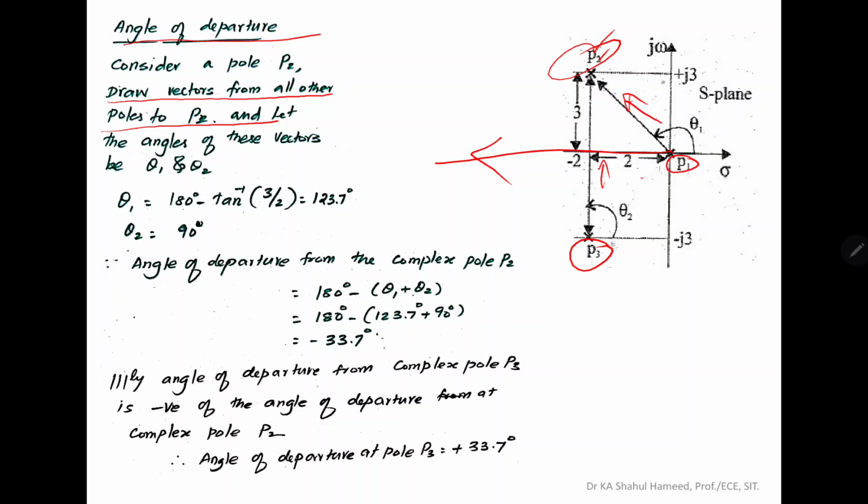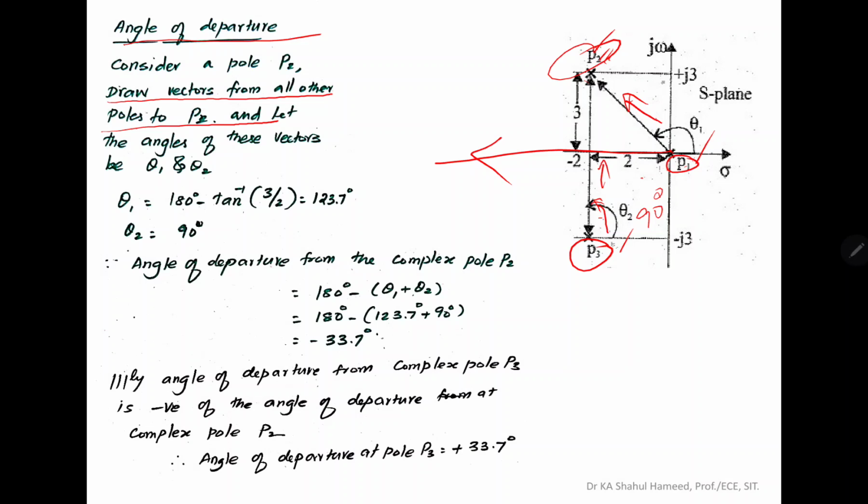Now we have to find the angle between the poles, that is P1 and P2, and P3 and P2. For P3 and P2 we can directly say that this is perpendicular, so it is 90 degrees, and for the other you have to use a protractor to find the angle.